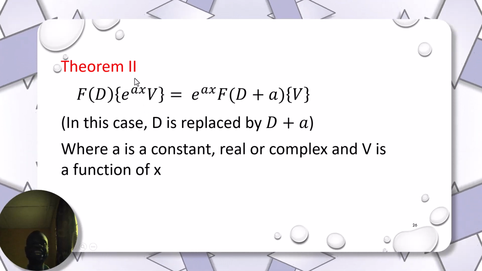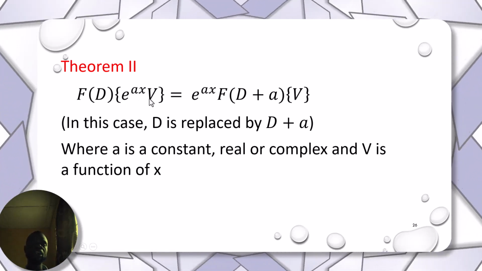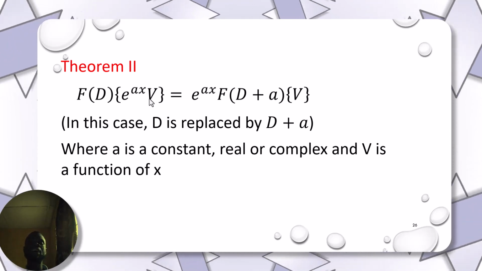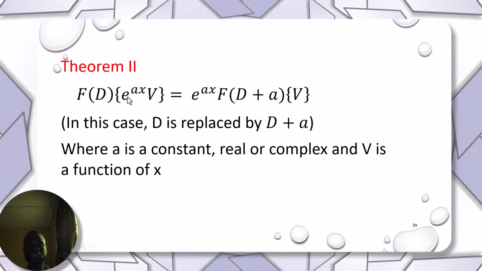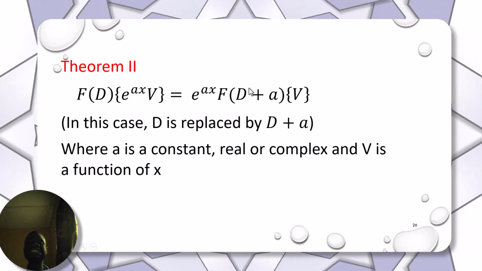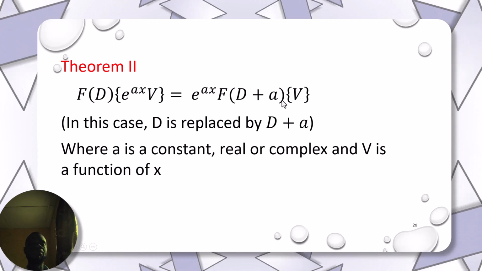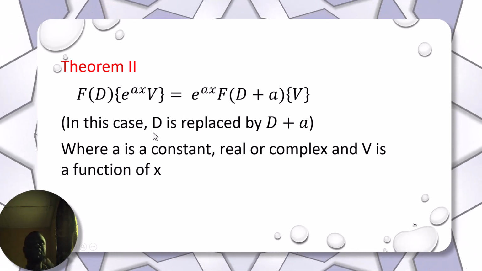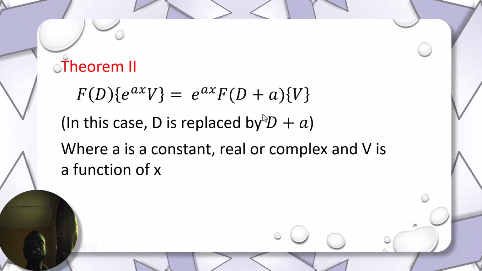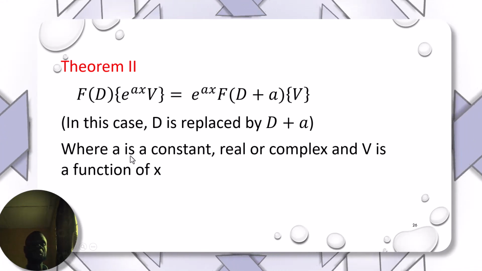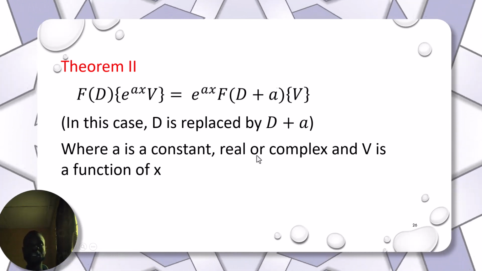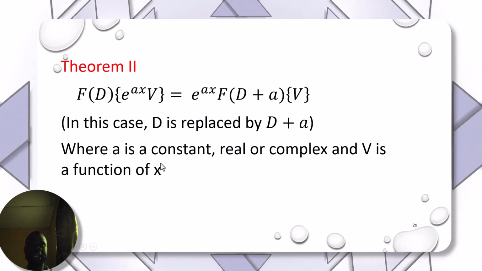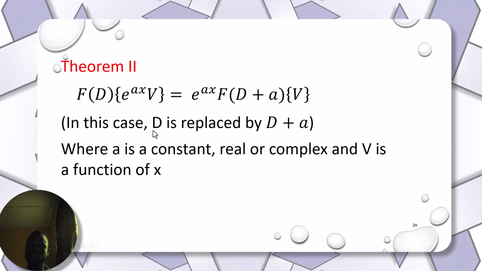Whenever you have a function like this, you are normally supposed to apply the product rule. To make it easier, what you simply do is replace your D with D plus a in this function, where a is a constant, real or complex, and v is a function of x, because this v here is a function of x.